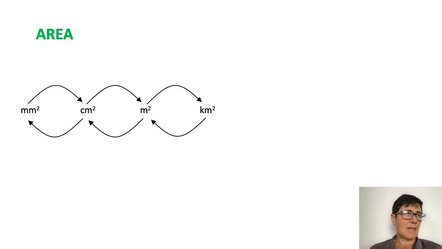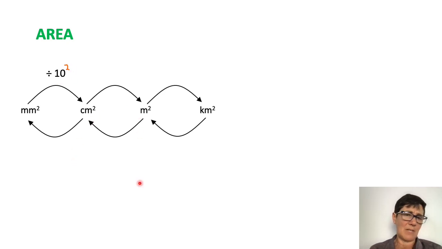If we look at area, remember area is always measured in squares, isn't it? Square millimetres, square centimetres, square metres, sometimes square kilometres. We've always got the square. But we do the same thing, but this time we put a square. So if I'm going millimetres squared to centimetres squared, I'm dividing by 10 again, but 10 squared.